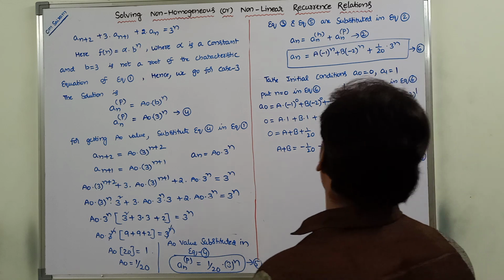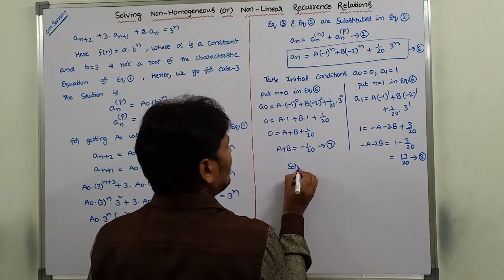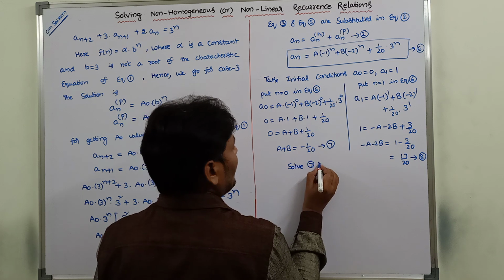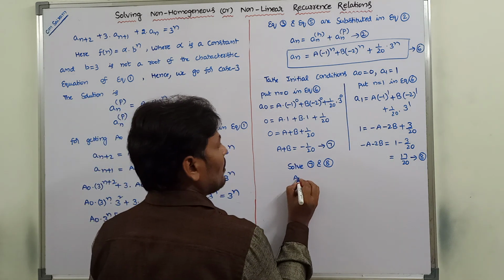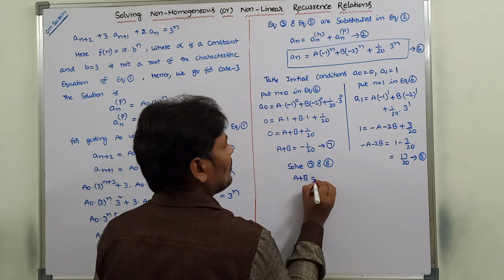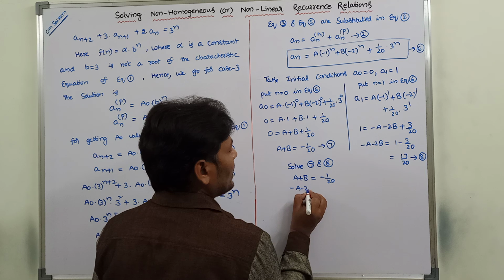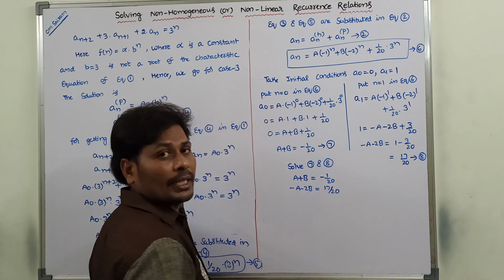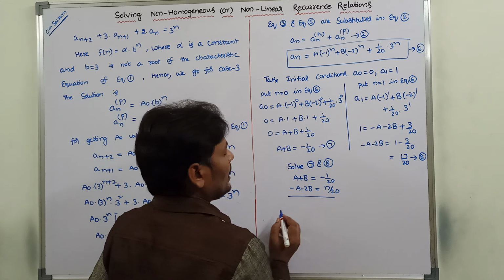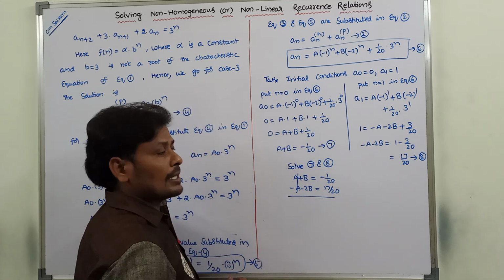Solve equations 7 and 8. So a plus b is equal to minus 1 by 20, and minus a minus 2b is equal to 17 by 20. Here minus a plus a cancel.